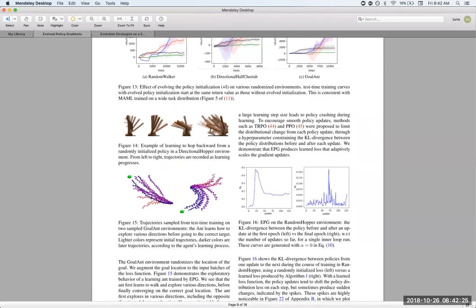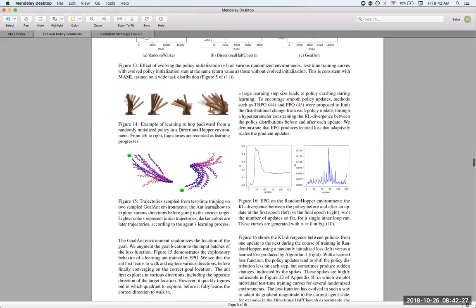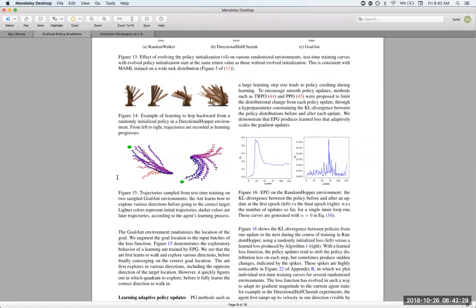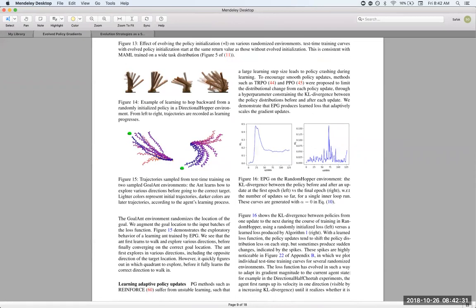I remember watching an animation somewhere on the OpenAI blog of the walking ant. So this figure 15 is where I'm looking. There's a comparison between the PPO and the EPG methods. These are the trajectories.